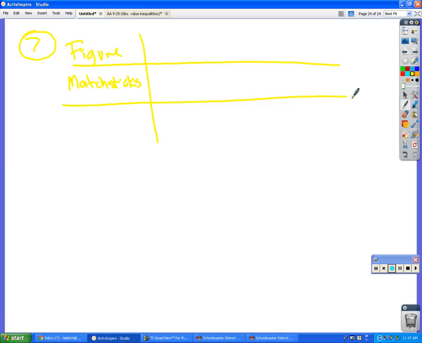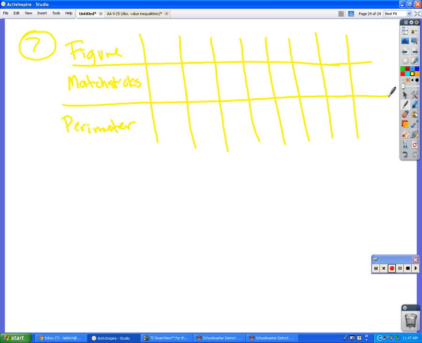And so we want to do 2 different things: figure out the pattern for the number of matchsticks, and then also figure out the pattern for calculating the perimeter of the shapes. So this goes up to 3, 4, 5, 6, and then we have 10.